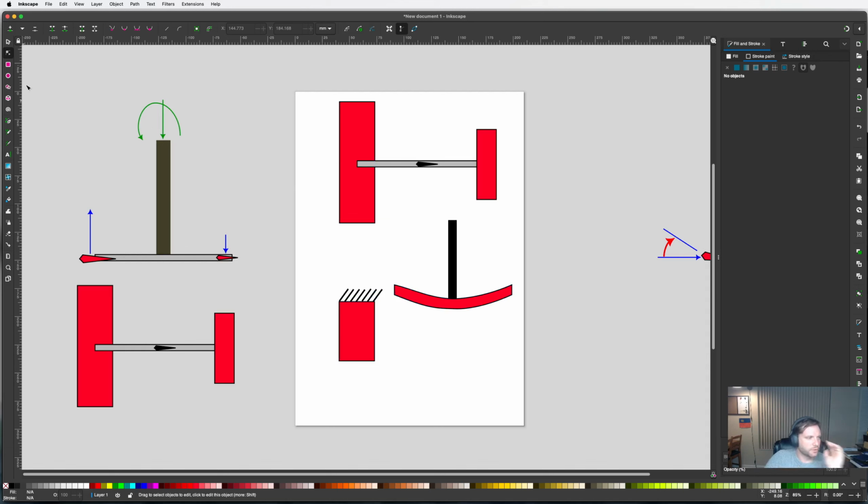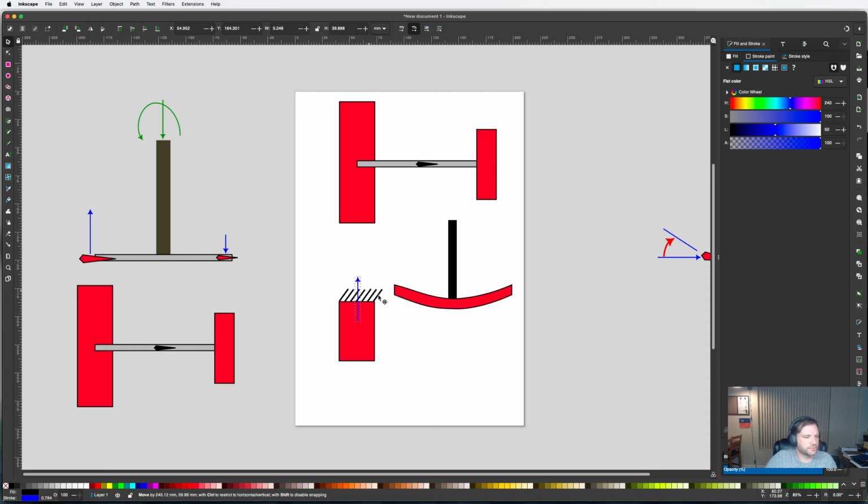you've got the water pressure, which before I was showing as a blue arrow. You've got that all along the span of this wing. And what I would like to do is say that, just for simplicity's sake, this is uniform.